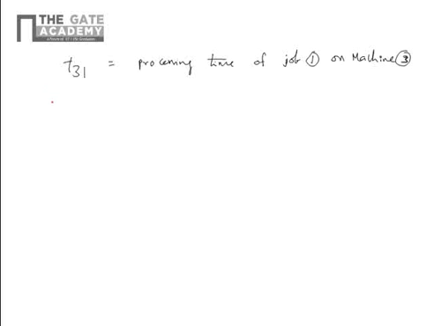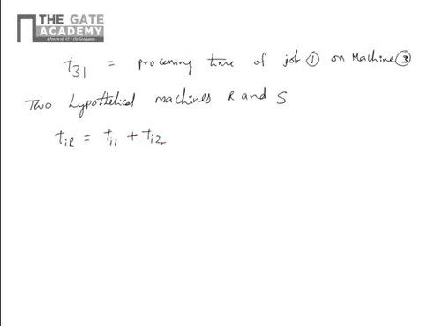Initially we have three machines here, and we need to convert 3 to 2. Consider two hypothetical machines, machines R and S. So TIR is equal to TI1 plus TI2.